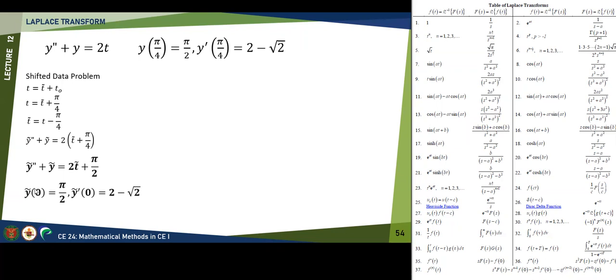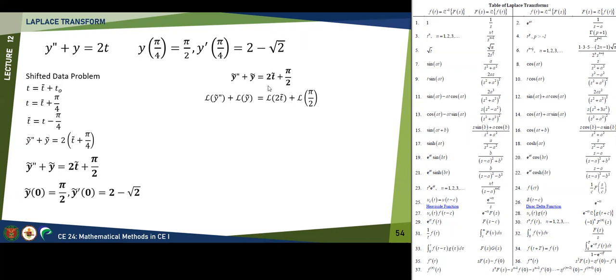Okay, so na-shift na natin yung buong equation. Using this, we are just going to solve it like any other ODE using Laplace transform. Ito another example na lang of Laplace transform, although medyo complicated siya because of the pi. Anyway, let's continue.